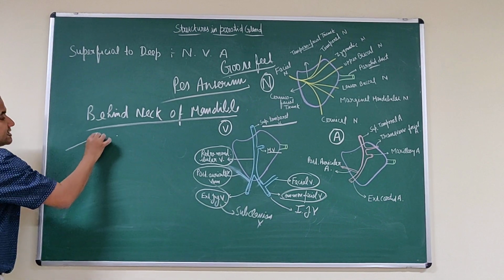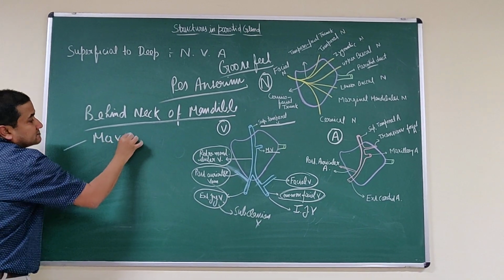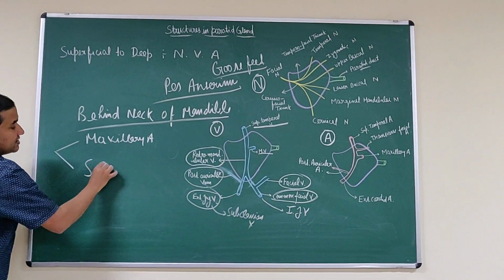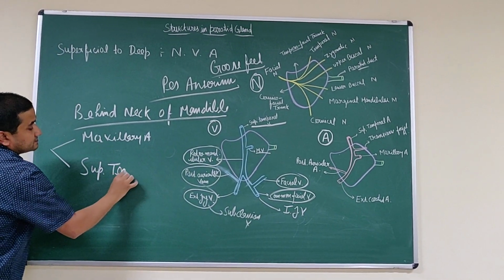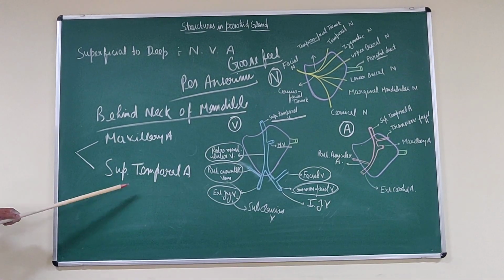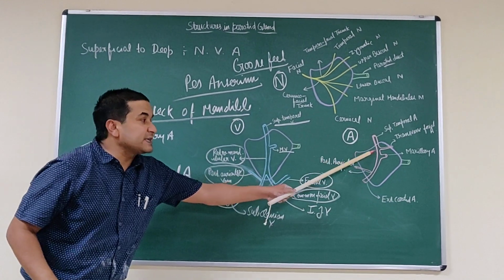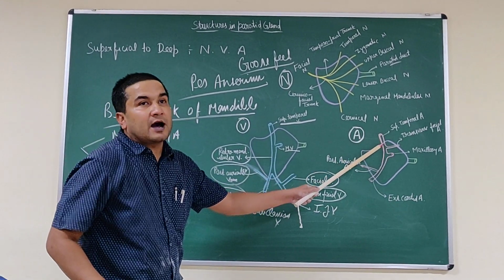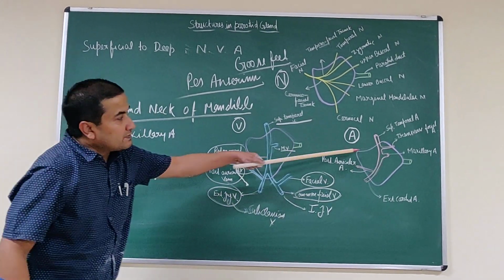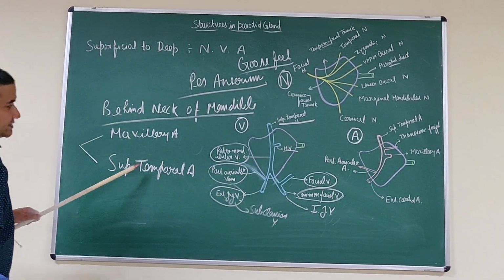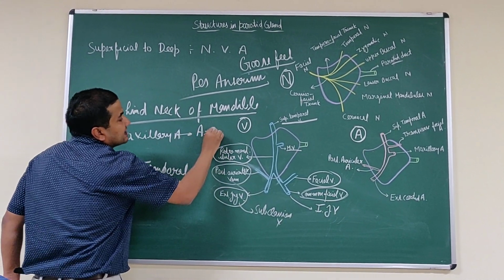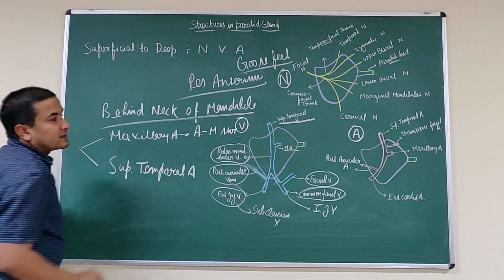One is the maxillary artery, and the second is the superficial temporal artery. This superficial temporal artery, we have discussed, emerges through the base or the superior surface of the parotid gland, while this maxillary artery emerges through the inner lip of the anteromedial surface.